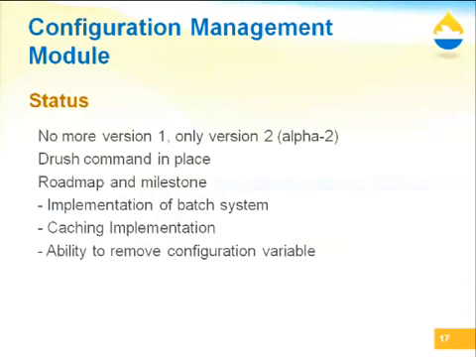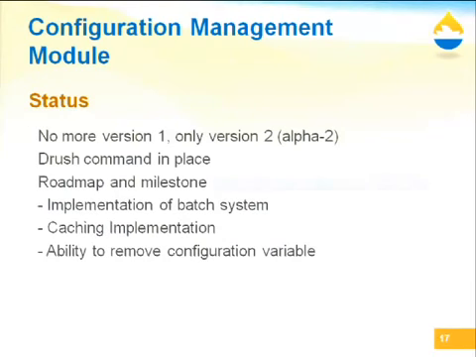In version 1, the module did not have a drush command, but now we have a drush command in it, so you can use your continuous integration workflow for this configuration management module. And there's a lot of things that need to be done.